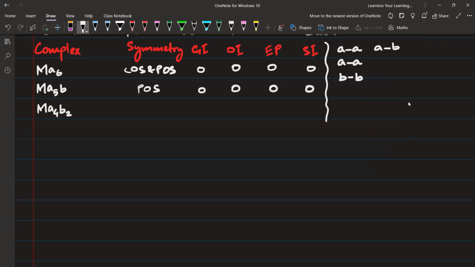We can do A opposite to B, another A opposite to B, and the remaining two A's opposite to each other. We'll get two A opposite to B and one A opposite to A. हाँ सही है ना? ठीक है.